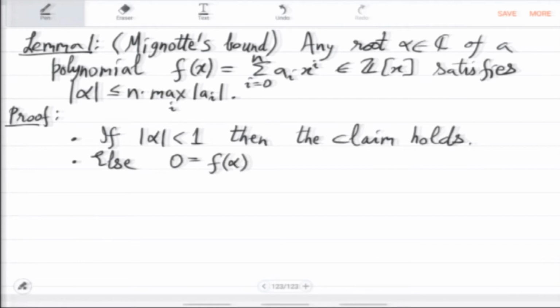Since alpha is a root, obviously it is 0, but on the other hand, you also know that the sum of a_i alpha to the i is at least... Since the norm of alpha is at least 1, the bigger chunk of this sum comes from alpha to the n. So let us isolate that: a_n alpha to the n minus the rest.